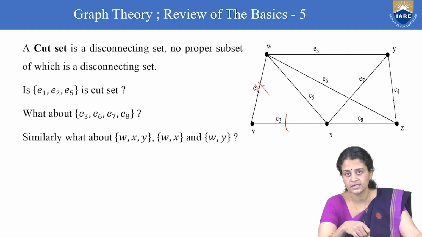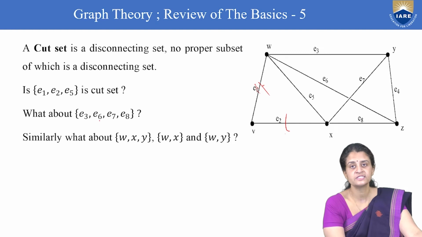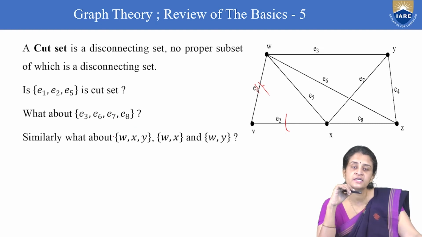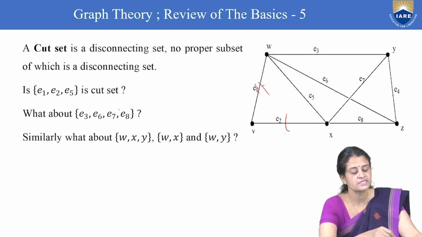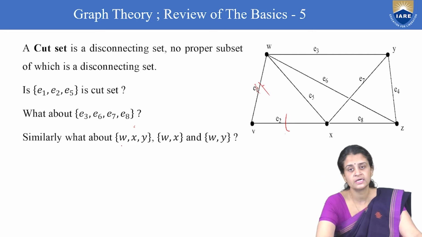Considering these edges, okay. What about E3, E6, E7, E8? Can any subset of that set disconnect the graph? No. So it is a cut set. Okay, a graph may have different cut sets of vertices and cut sets of edges. Similarly, what about W, X and Y? It's not a cut set. Why?